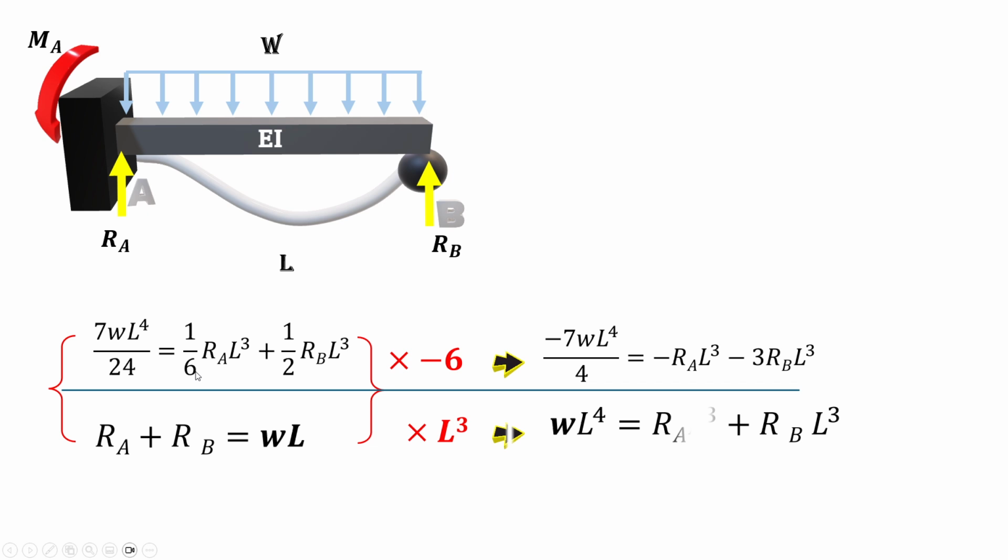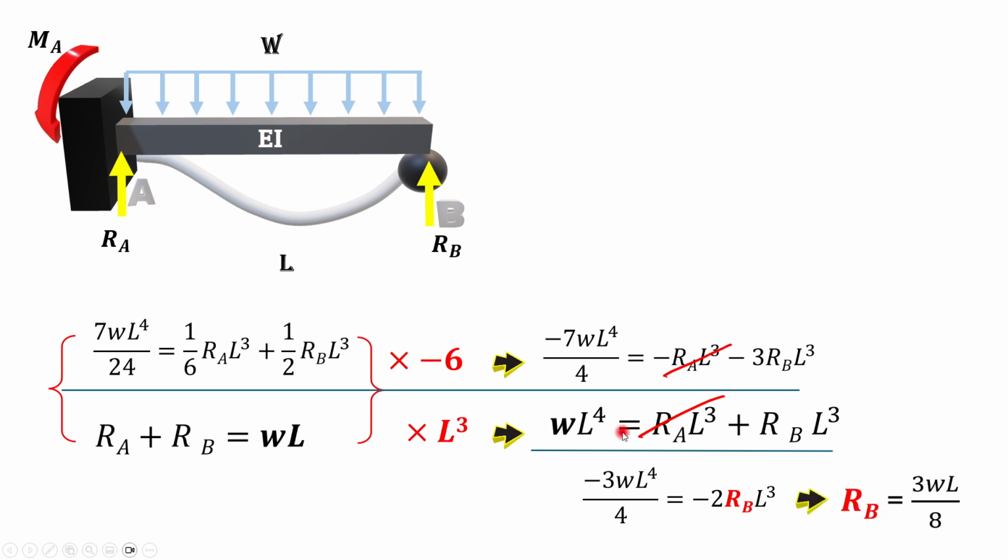So this is the first equation after multiplication, and this is the second equation. You can easily see RA and RA cancel, and then it gives us negative 3/4 WL to the 4 is equal to negative 2 RB L cubed.